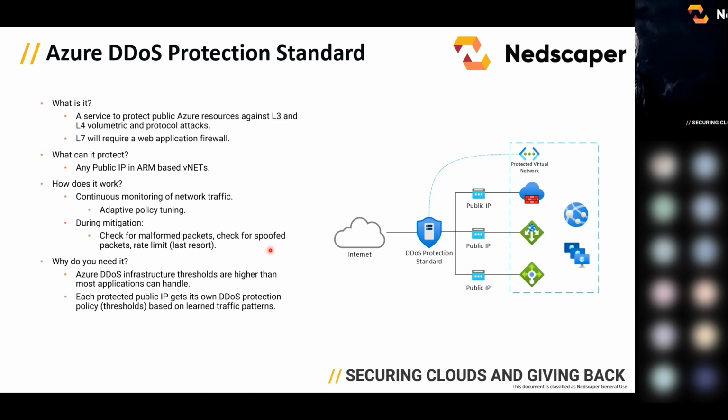So that's basically the reason why you would need the DDoS protection plan standard, because every individual public IP address that you have assigned in that virtual network will get that automatic policy tuning based on the behavior and the volume of traffic that it is processing. So if you have one very busy public IP, that one will have a different threshold for the DDoS protection plan than a lower volume public IP.